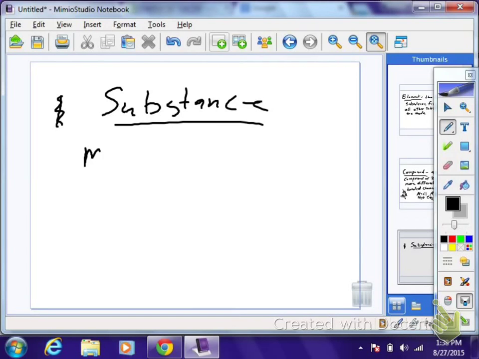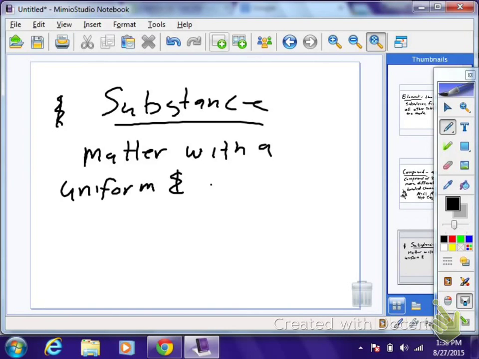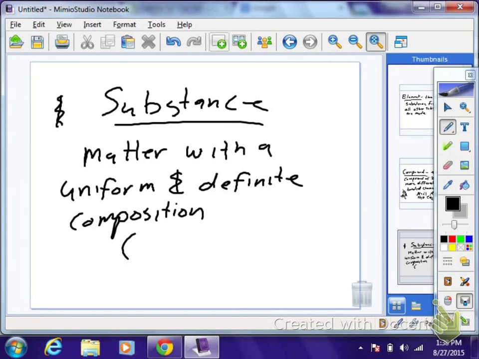So substance is matter with a uniform and definite composition. So that would include, you can put off to the side the examples, element and compound.